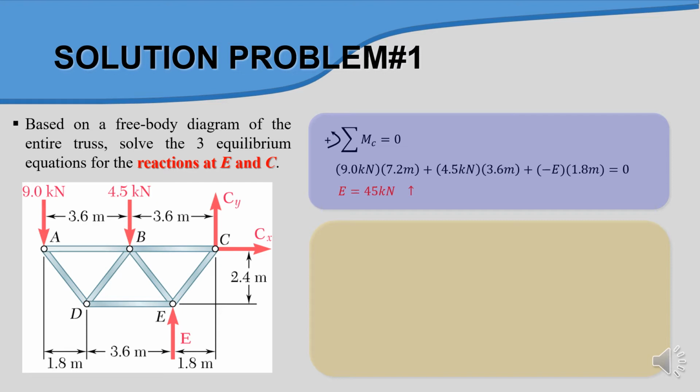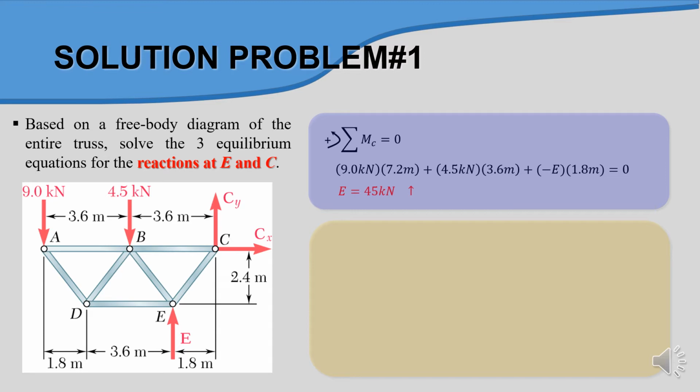Why do we set the moment at point C equal to 0 and not the moment at point E? Because at point C there are two forces, Cx and Cy. Once you set the moment at point C equal to 0, you have three forces: two are known and one, Ey, is unknown. So it is very easy to find the value of Ey.